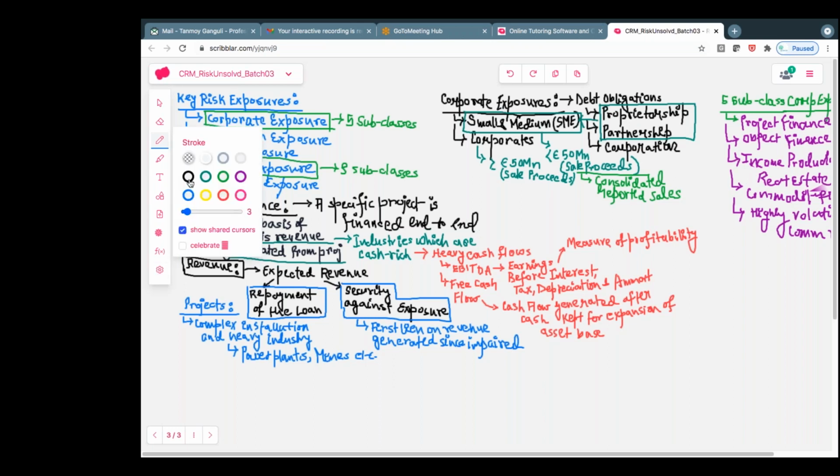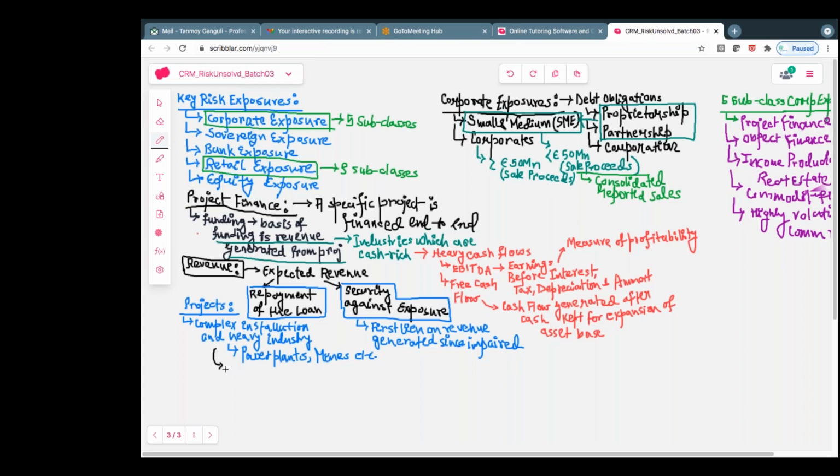Now, while we have defined the projects, one of the biggest questions that comes over here is what are the ways of drawing the finance?